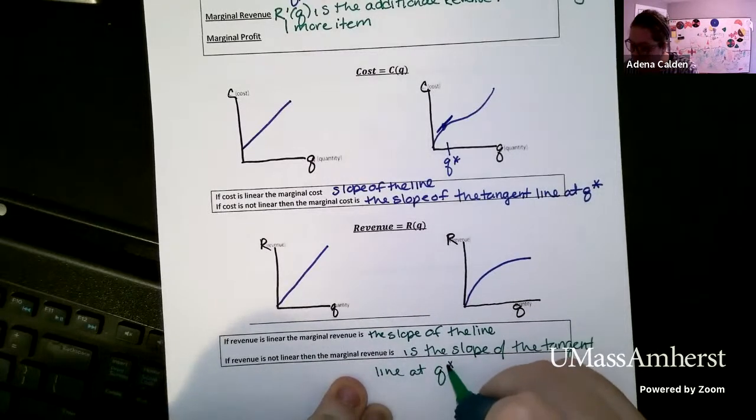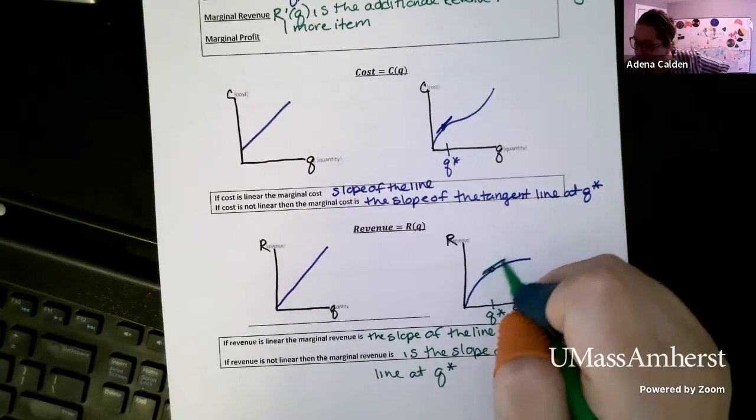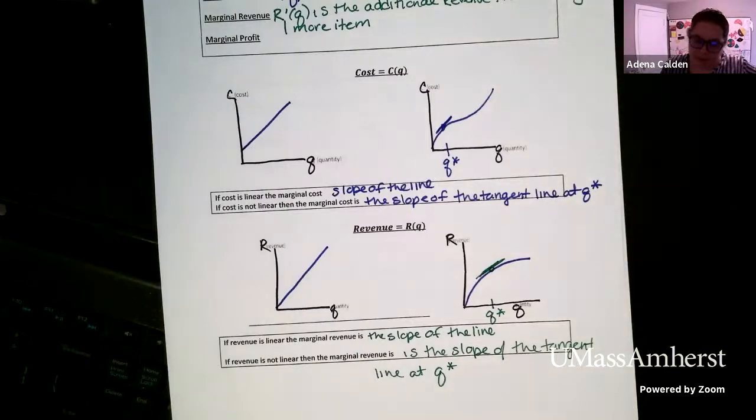We're just going to call that Q star. Q star is just wherever we're trying to evaluate it, right? We need to approximate the slope of the tangent line.